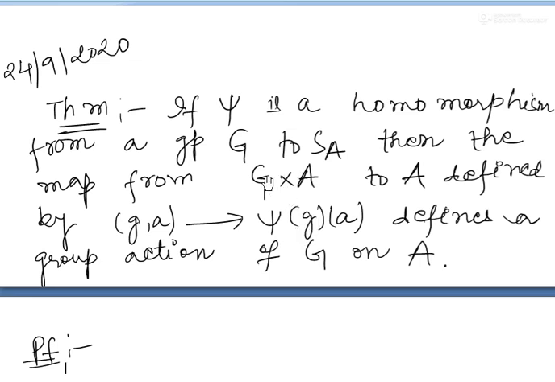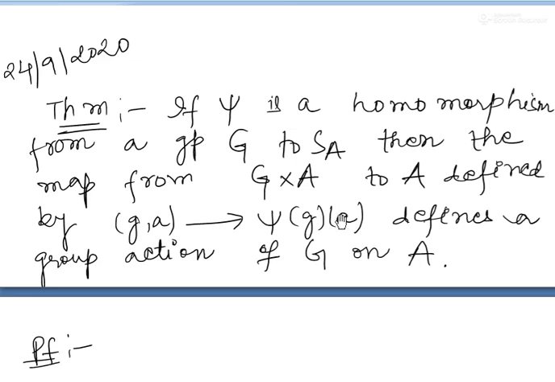We have defined the map from G cross A to A in this natural way, (G, A) going to this. We want to ensure that this belongs to capital A. So psi from G to SA: psi G will be in SA, that means psi G from A to A is a mapping.